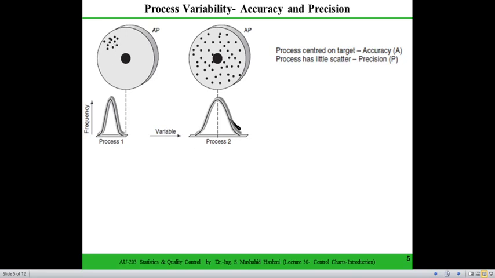Let's say you have another process 2, where you can see the data points are all scattered, but several of them are trending towards the target. There is a huge dispersion in that process, and the dispersion of the data is reflected through precision. We already know the term bias; we have seen it in interval estimate and point estimate.